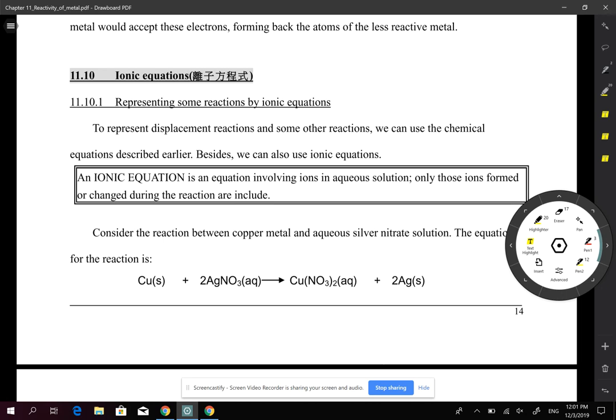Can I erase the white box? Metal plus acid. Okay, the third form of equations and displacement reaction.